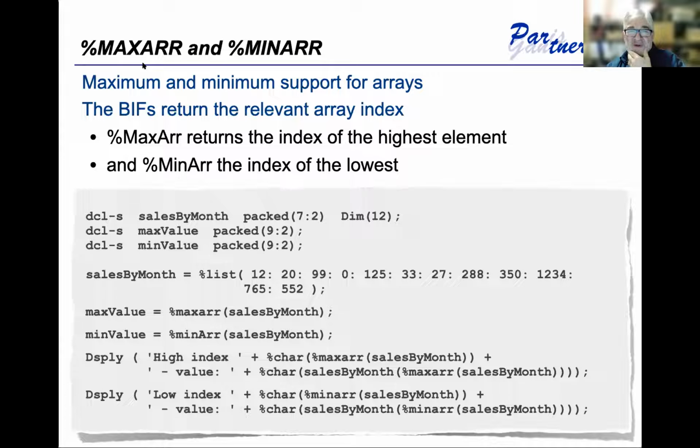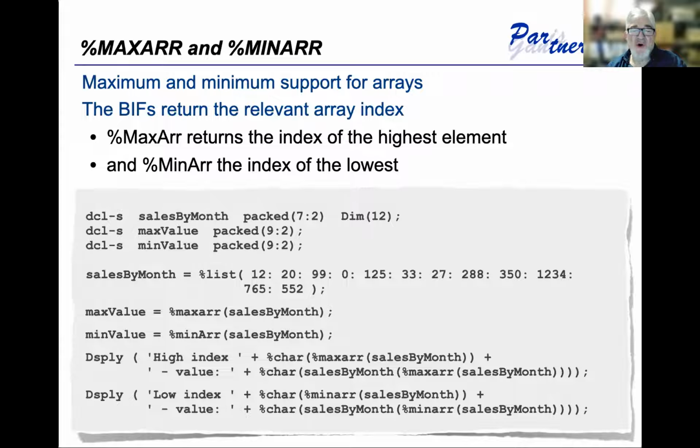All right, so %maxarr and %minarr. Basically, we had %max and %min some time ago as built-in functions, but they would only give you the maximum value from a list of items. I always felt it would be much more useful to be able to say, what's the highest or lowest value in this array, not just in a list of fields.